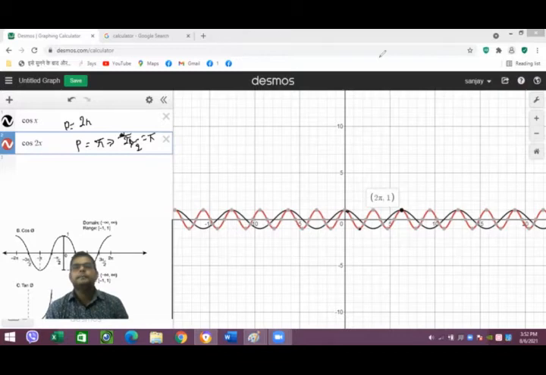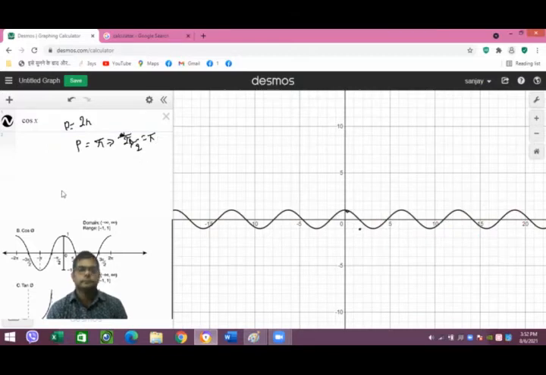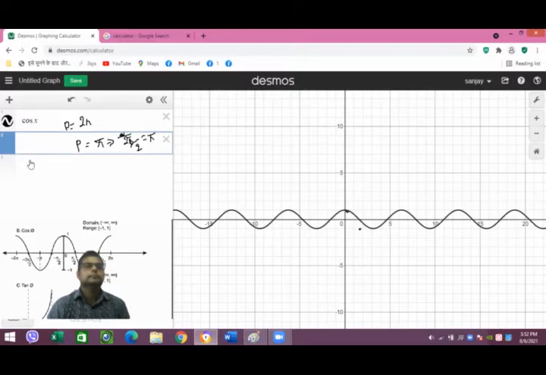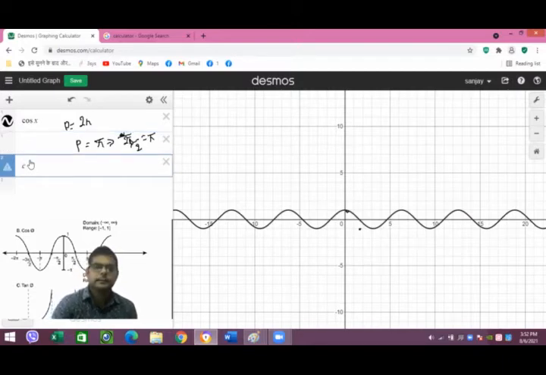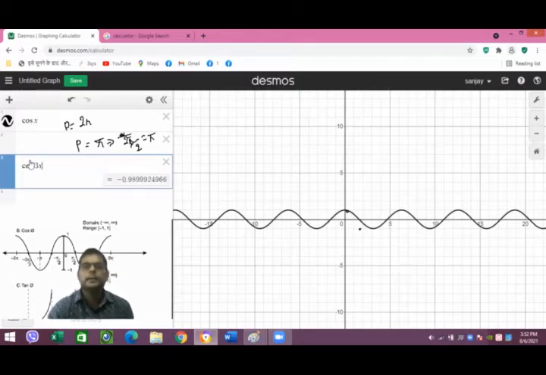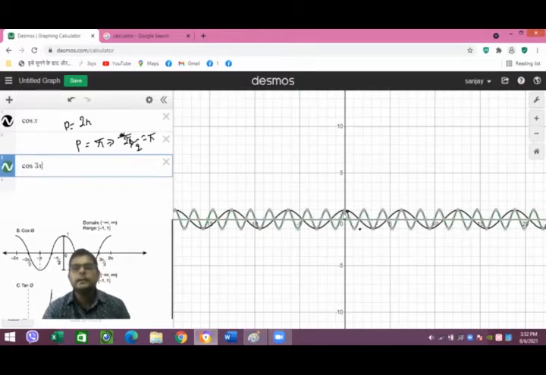And what happens if, instead of cos x, you write cos 3 times x? In that case, let's see that the difference from this maximum to another maximum is 2 pi by 3.